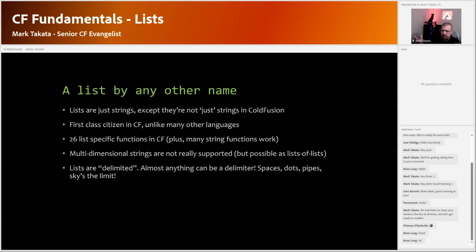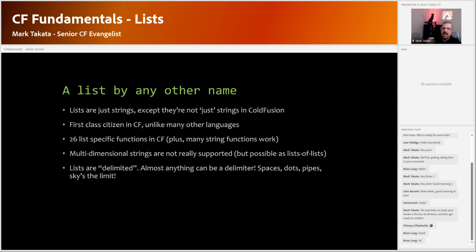But the final thing is, lists are delimited, right? That's what a list is. A list is an object, whether that's numeric or string, like bunny or the number 1, and then a delimiter. In almost every case, it's very common, the delimiter is a comma. And ColdFusion actually just assumes that the delimiter is a comma.